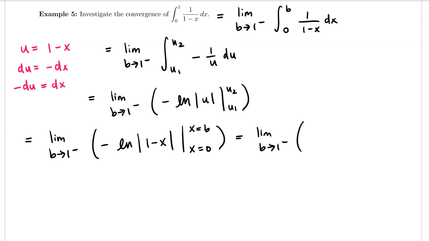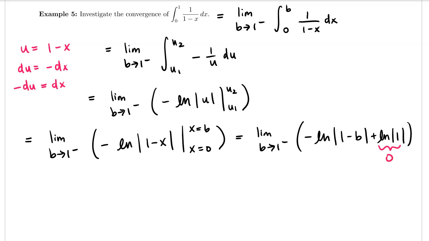Okay, so now we can plug in our limits of integration. So we have the negative natural log of the absolute value of 1 minus b, and this would become plus the natural log of 1 minus 0, which is 1. And as we know, the natural log of 1 is 0.